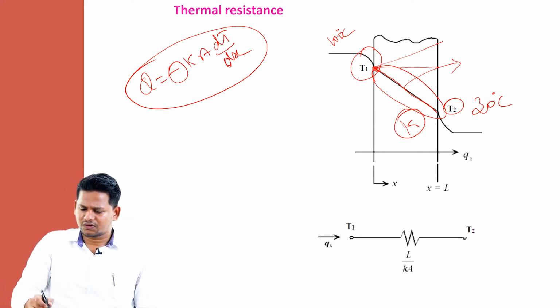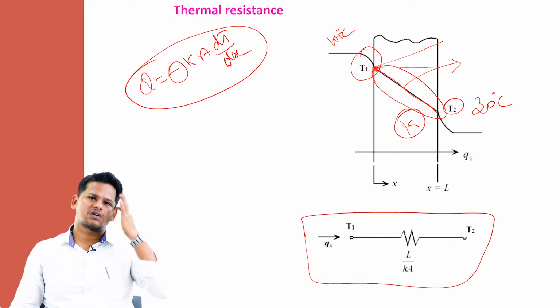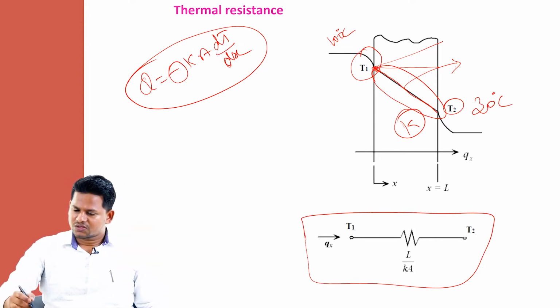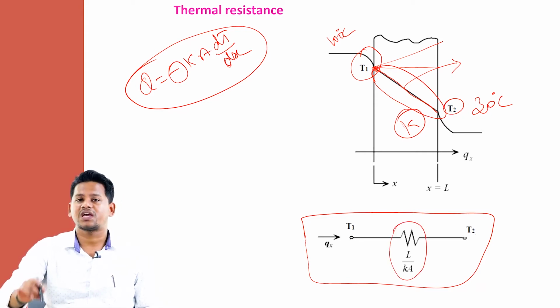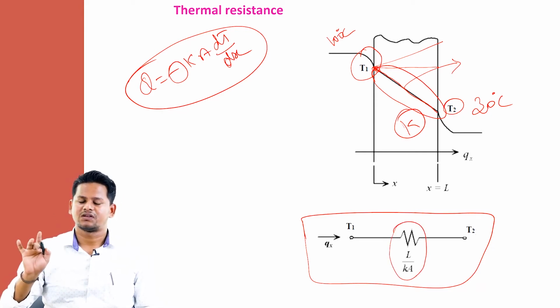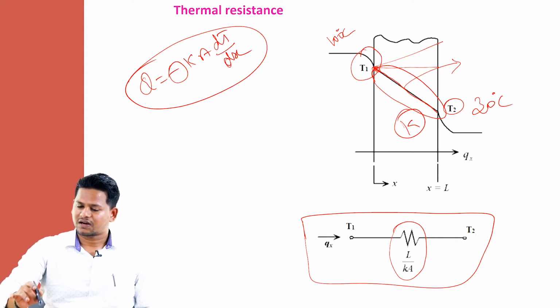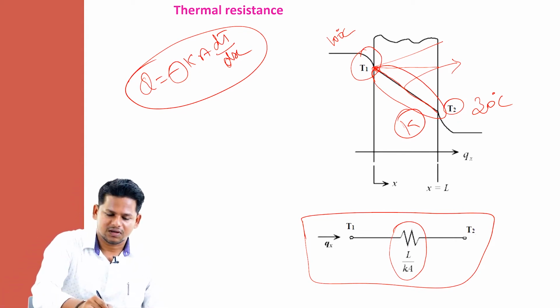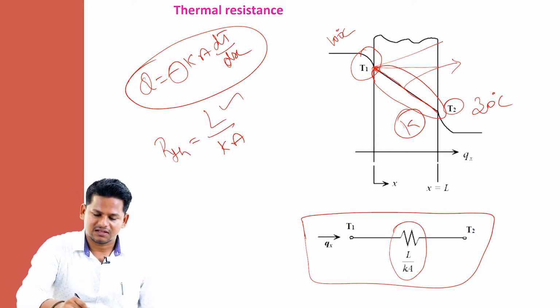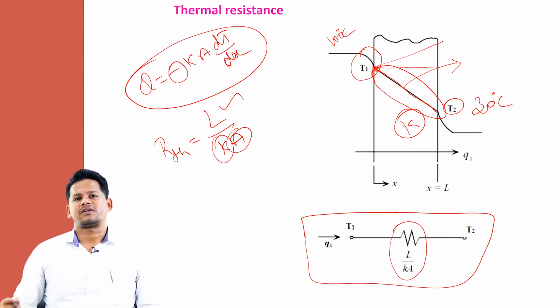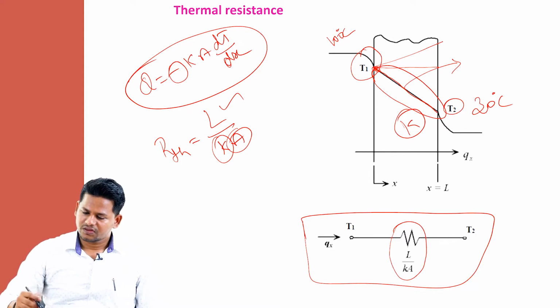For example, let us assume we are drawing a network diagram for this. We are converting all these things into an electrical analogy. I'm just considering this thermal resistance. You see here we have only conduction. Already we discussed the thermal resistance for conduction. R_th is L by KA, where L is the length of the material, K is the thermal conductivity of the material, and A is the cross-section area.